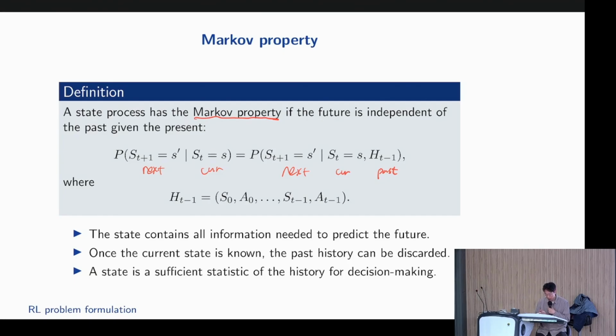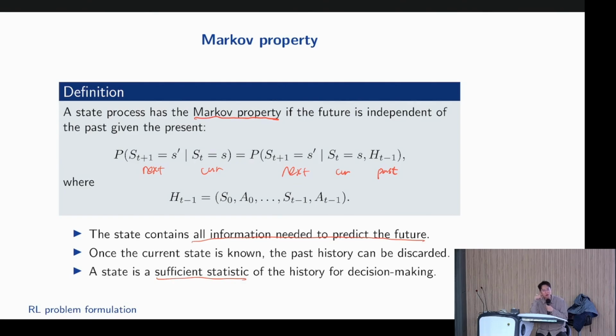In order for the Markov property to hold, that means the state contains all the information needed to predict the future. In statistics, this is called a sufficient statistic. Or in plain English, once the current state is known, the past history can be discarded.